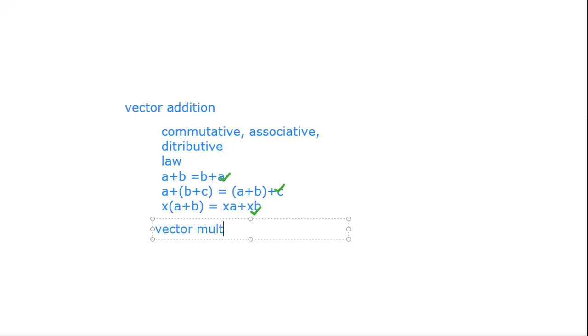In that, the first one is scalar multiplication, and the second one is vector multiplication.